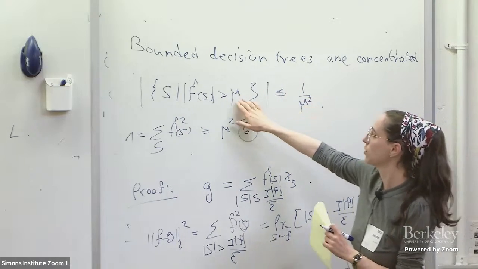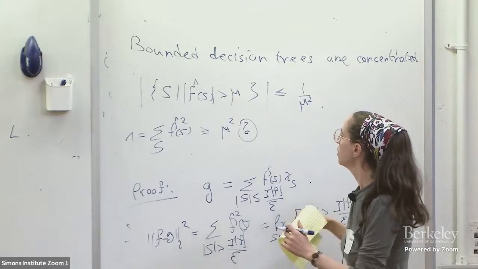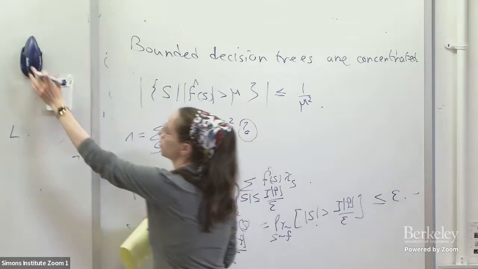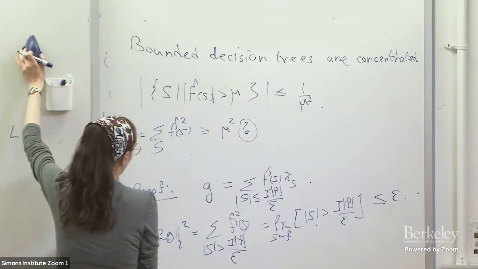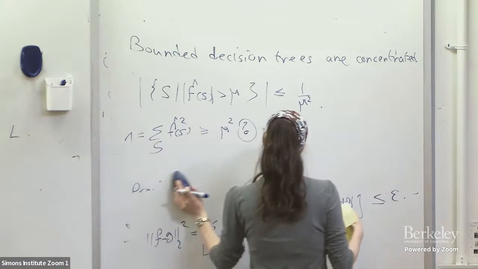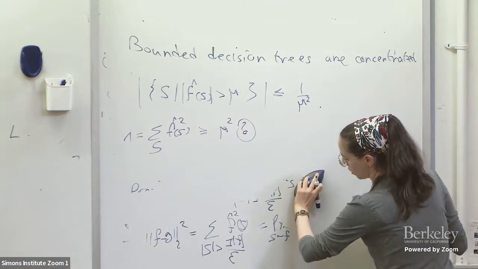But what is the reasonable mu to take here? We need to show that all the others, those outside, do not contribute too much.